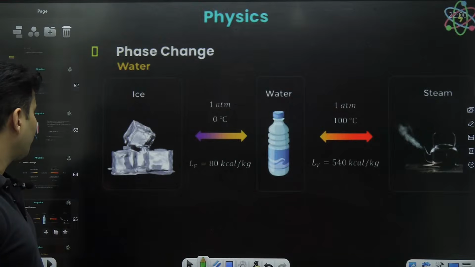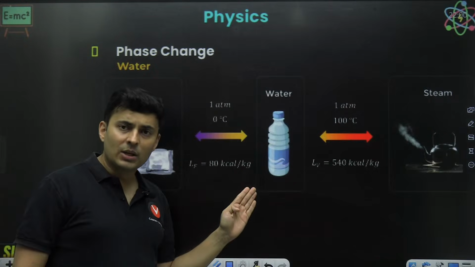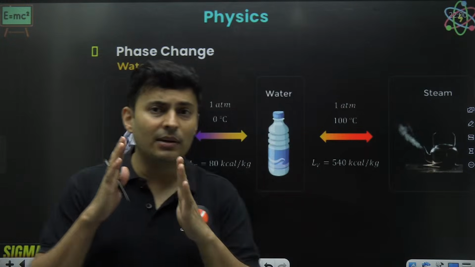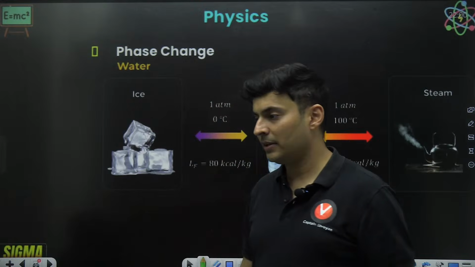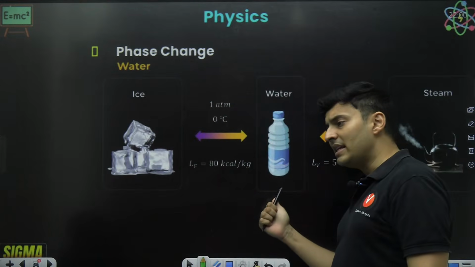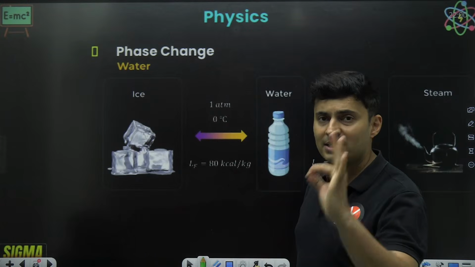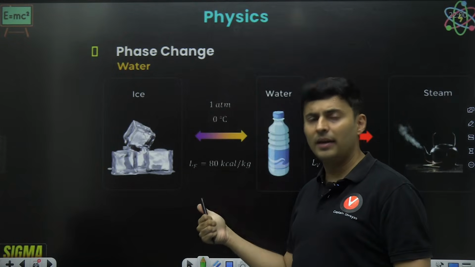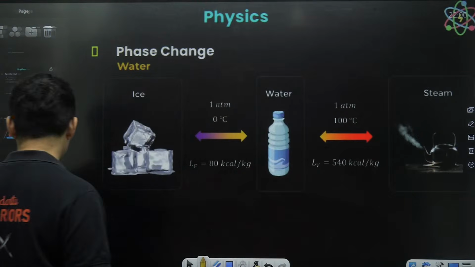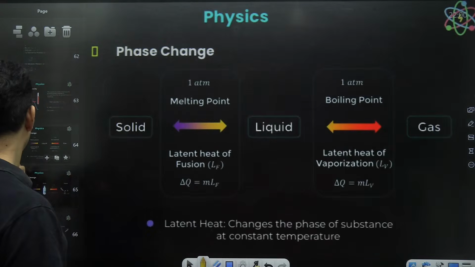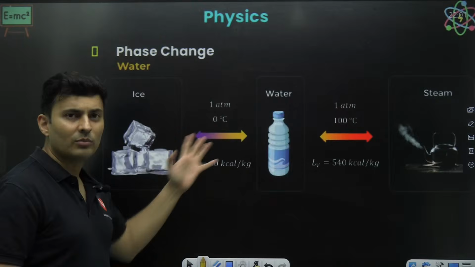Now, that is one thing. Whenever the ice or the solid converts into liquid, that happens at a very specific temperature called as the melting point. And the reverse also, when the liquid solidifies into the solid, it happens at a very specific temperature called as the freezing point or the melting point, one and the same thing. So this basically happens either at the melting point or at the freezing point.